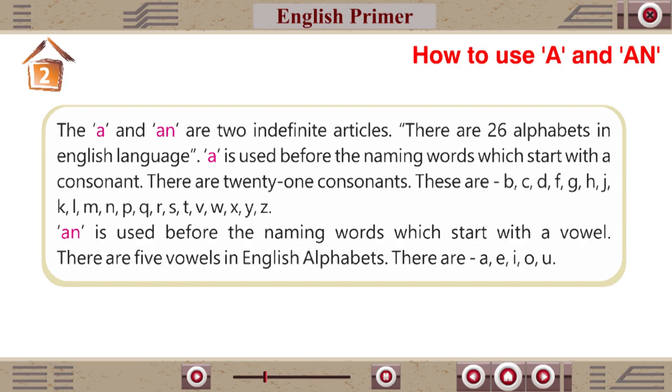There are 5 vowels in the English alphabet. They are A, E, I, O and U.